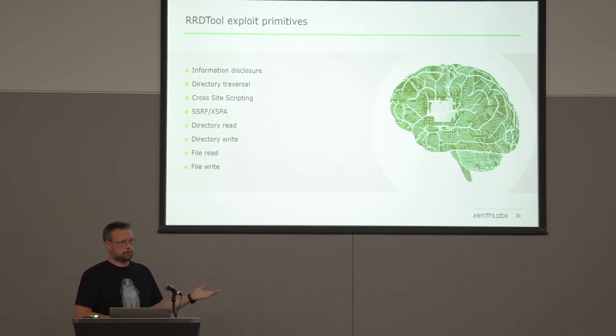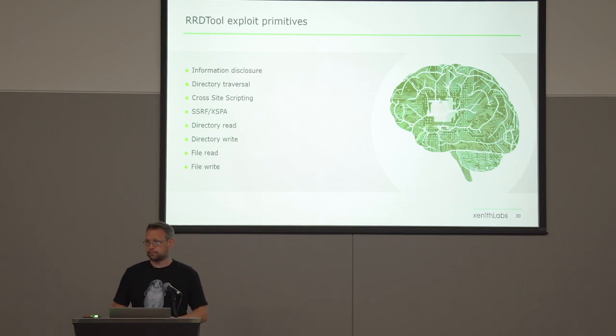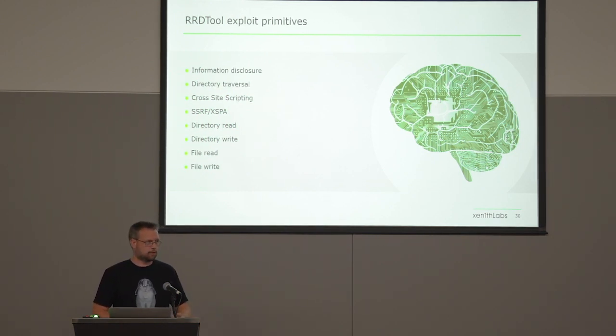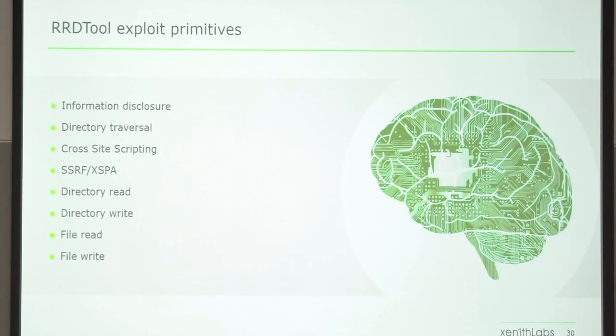And I developed a whole set of different exploit primitives. You can inject a function that will do information disclosure, directory traversal, cross-site scripting, server-side request forgery, or cross-site port enumeration, directory read, directory write, file read, file write.